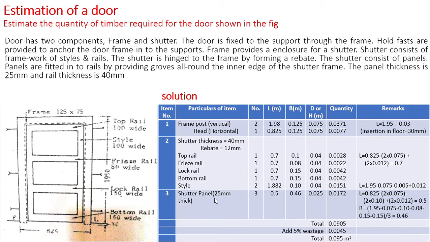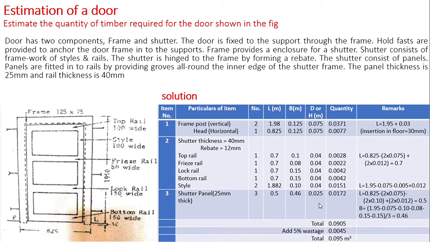Next, consider the panel. There are 3 panels. Panels are grooved into the rails and stile at all sides by an amount of 12 mm. Length of panel is equal to outer length of door, that is 0.825 meter, minus 2 times thickness of frame, that is 75 mm, minus 2 times width of the stile, that is 100 mm, plus 2 times groove depth, that is 12 mm, which works out to 0.5 meter.